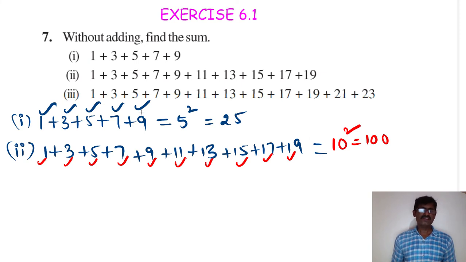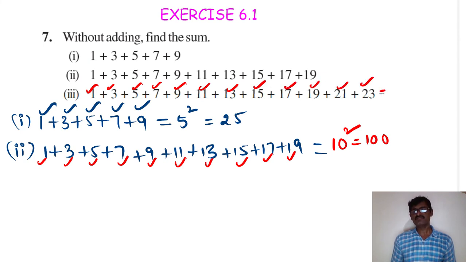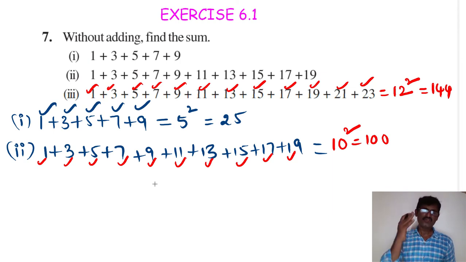Now in the same way, in the third problem, how many numbers are there? Let's count. 1, 2, 3, 4, 5, 6, 7, 8, 9, 10, 11, 12. So that will be equal to 12 square, which is equal to 144. See how beautiful the mathematics is. Let us go to the next problem.